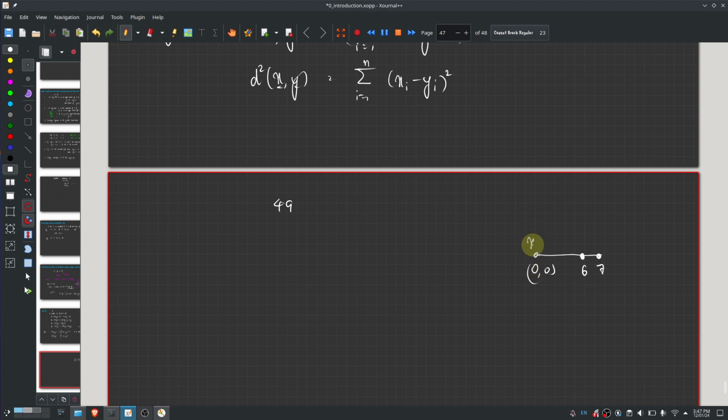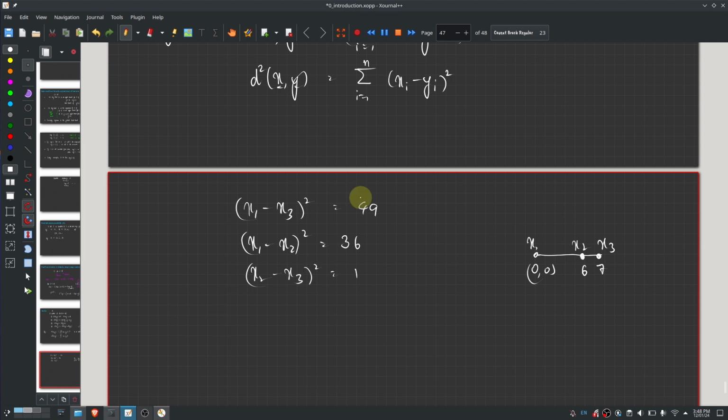49. So let me call this x1, this is my x2, and this is my x3. x1 minus x3 the whole square, this is equal to 49. x1 minus x2 the whole square, this is equal to 36. x2 minus x3 the whole square, this is equal to 1.